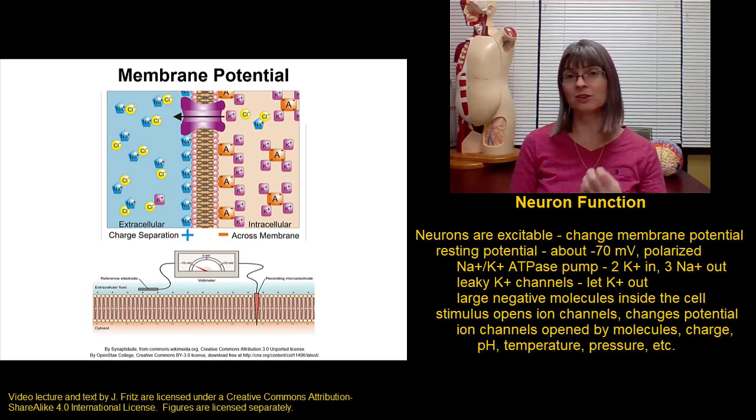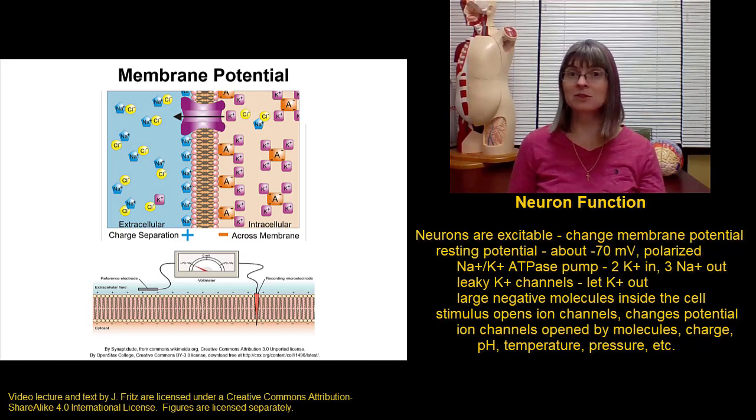It may have ion channels that respond to changes in temperature. There may be ion channels responding to changes in pH, or ion channels responding to physical tension. All of those potential stimuli could open the ion channels of a particular neuron in order to change its membrane potential.